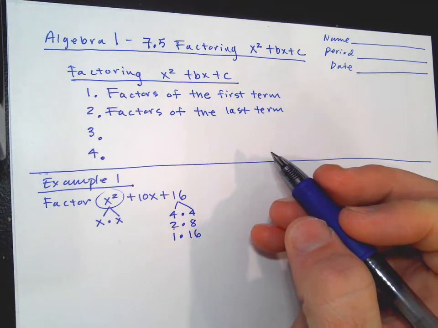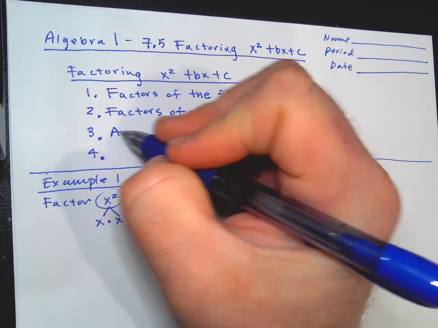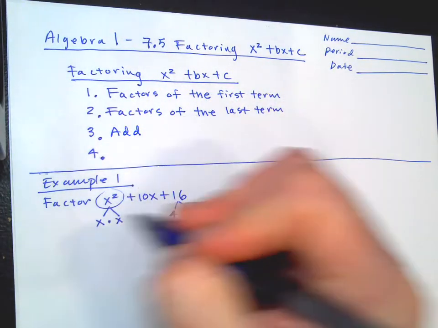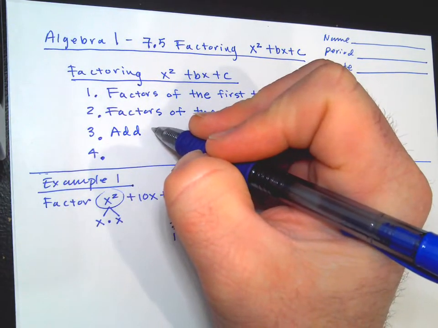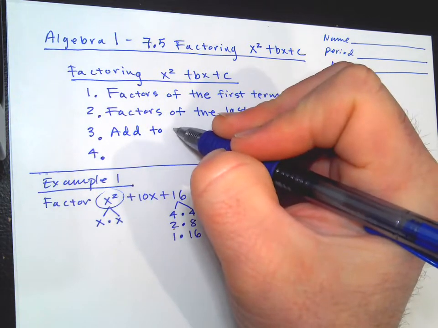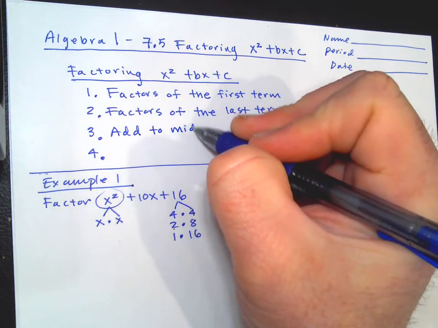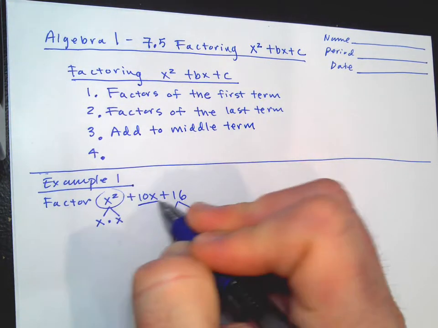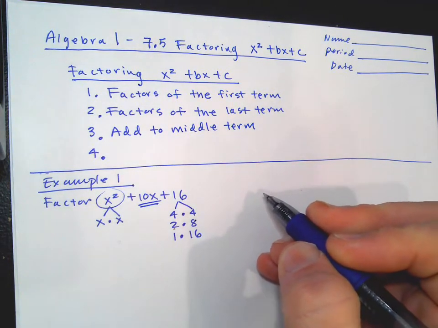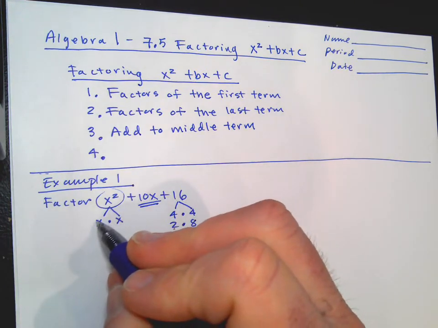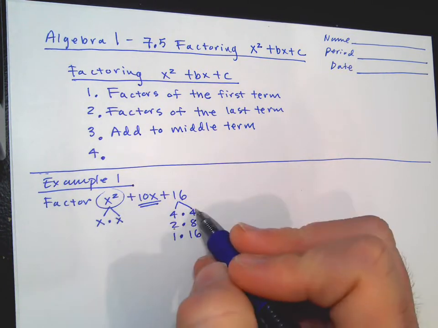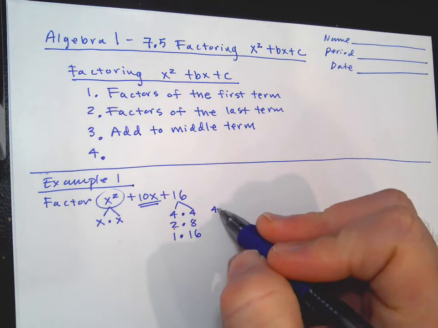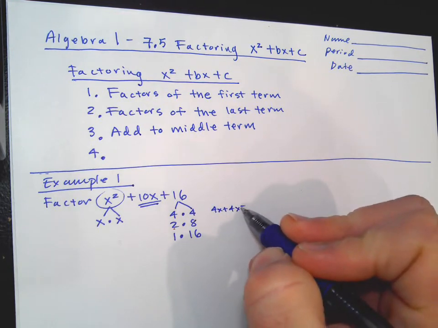Now, we're going to look for the right pair of factors from both of these lists that add to the middle term. The middle term is right here, 10x. If we multiply these, x times 4 is 4x, x times 4 is 4x, so that's 4x and 4x is 8x.